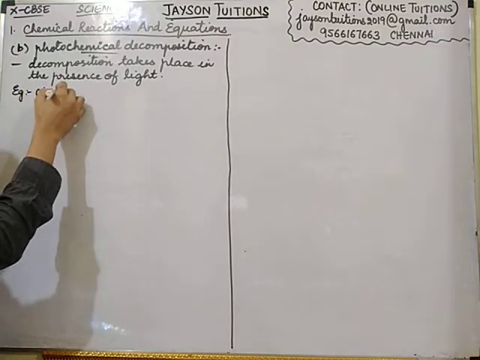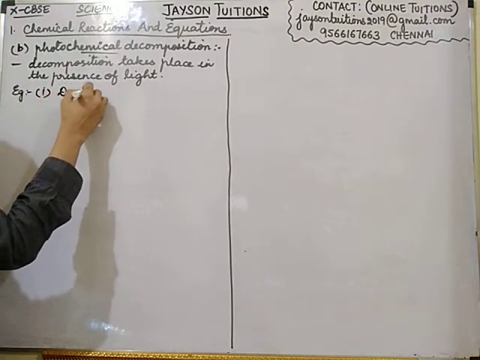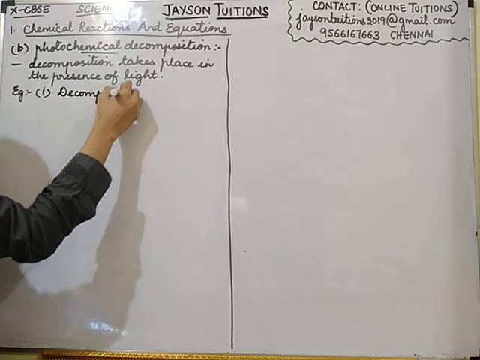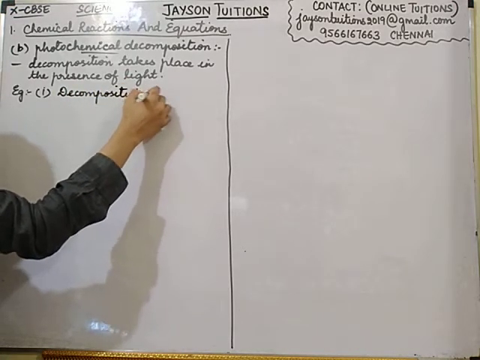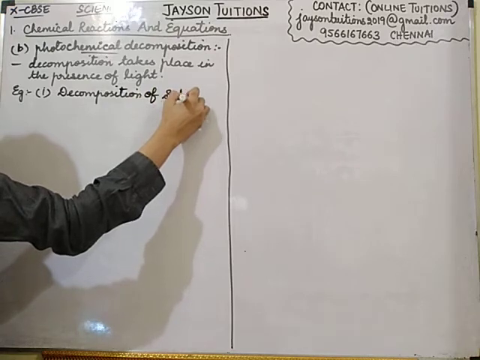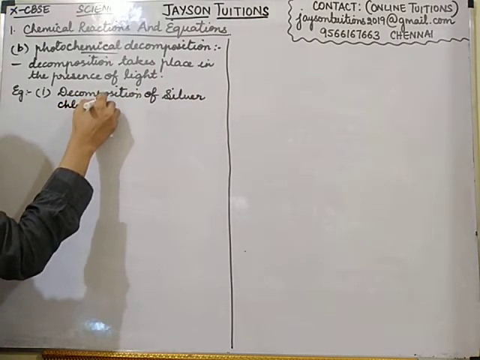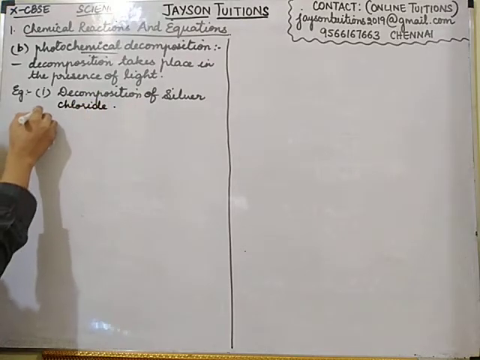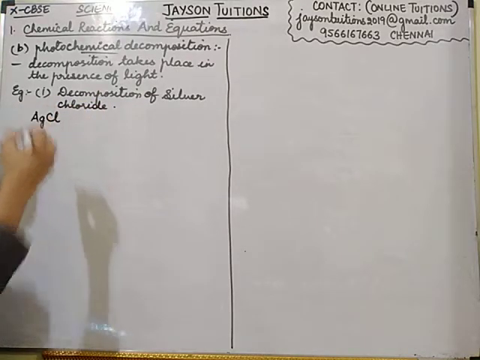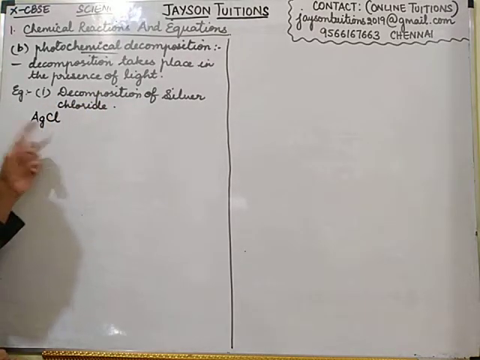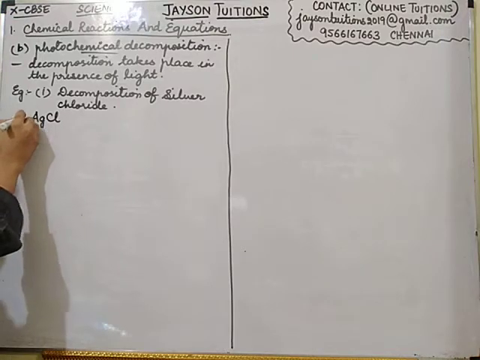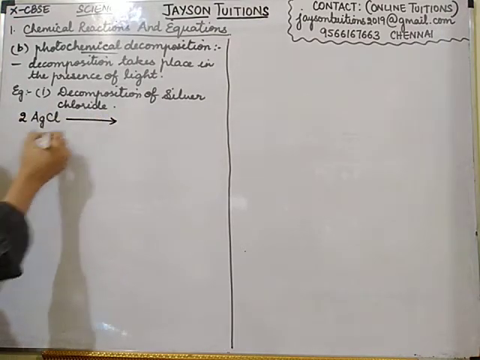The first one is decomposition of silver chloride. The formula of silver chloride is AgCl. Ag means silver, Cl means chloride. So 2AgCl I am taking.